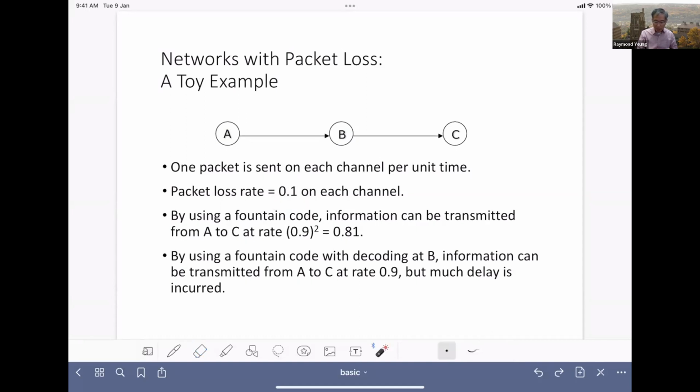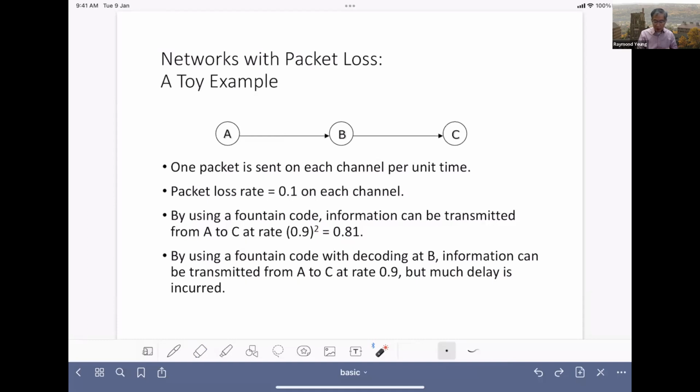Now, by using an end-to-end fountain code, okay, this information can be transmitted from A to C at rate 0.9 squared, which is equal to 0.81, because after 2 hops, the rate of packets that survive is equal to 0.81.